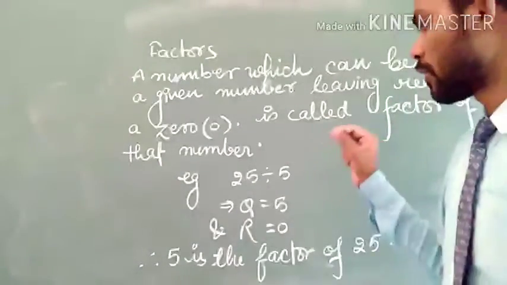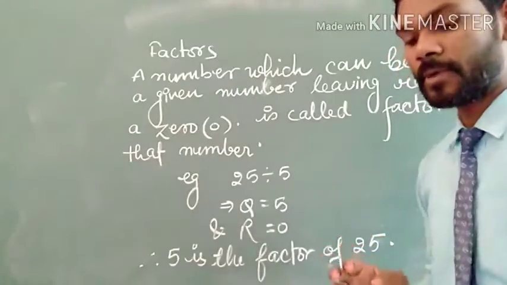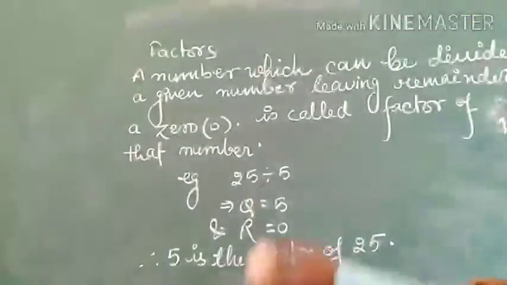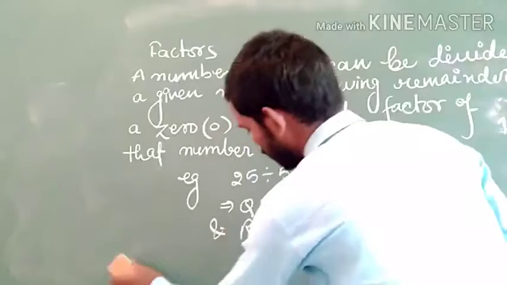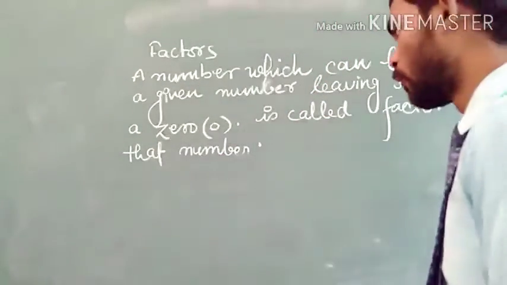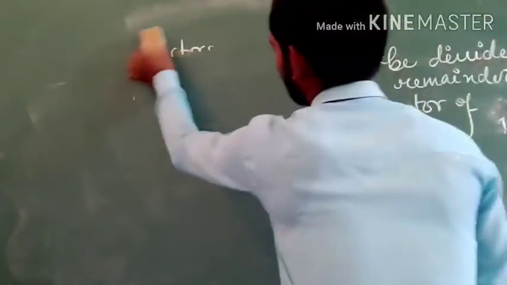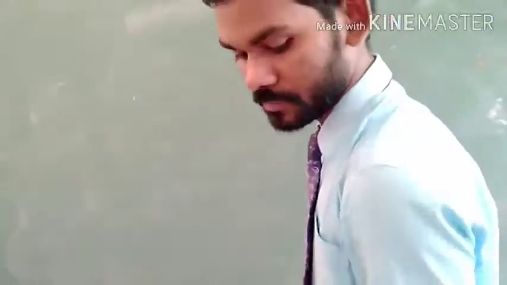Here 5 is not the only factor of 25. If a number is given, then it may have more than one factor. Except one only, all the numbers have more than one factor.